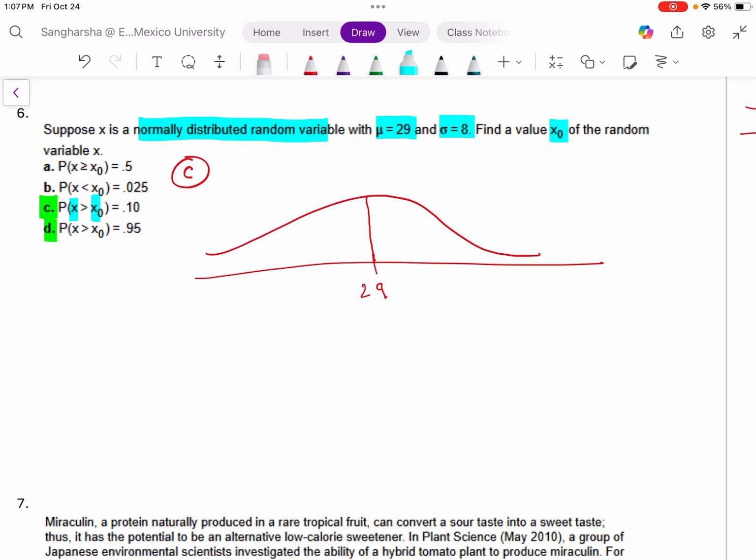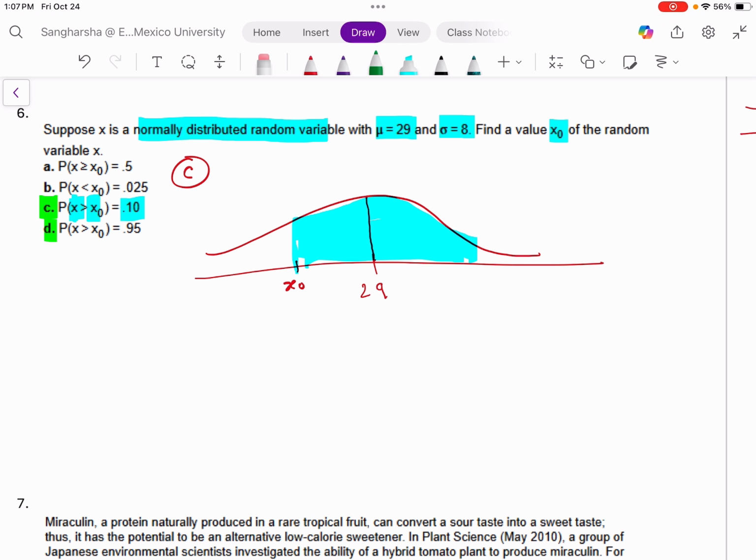For example, let's say our x naught is on the left. What is given to us? The probability that x is greater than x naught, so everything on the right of x naught is 0.1. Does it make sense here?